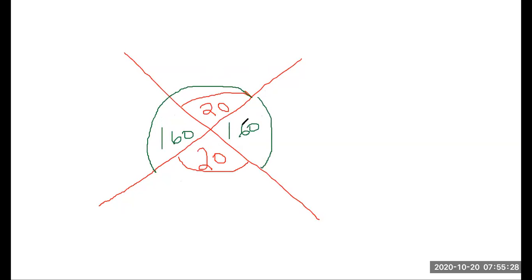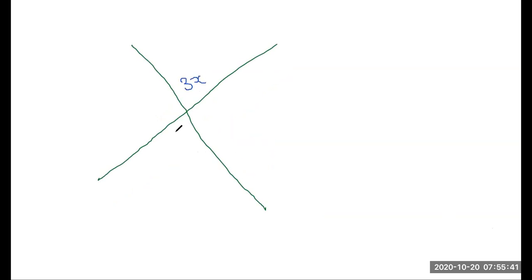So vertical angles talk about angles that are opposite each other. So let's add in some of the nice stuff: 3x and 90. If I was supposed to write an equation for this one, what would it be?